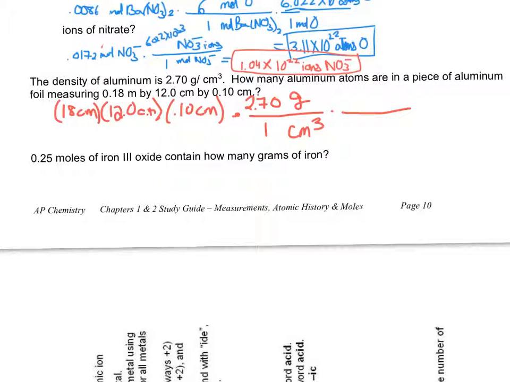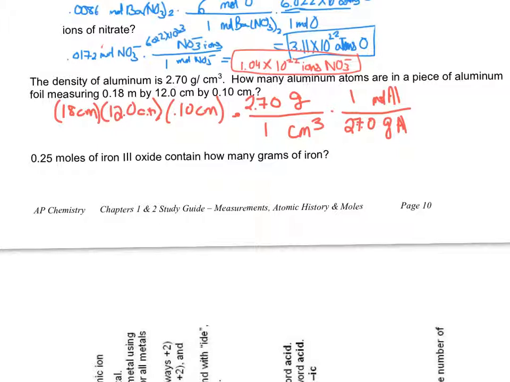So at this point I have grams because the centimeter cubed cancels. I'm going to put grams of aluminum here, moles of aluminum here, and the molar mass of aluminum is 27.0. So 1 mole is 27.0 grams. At this point, my grams cancel and I end up with moles.